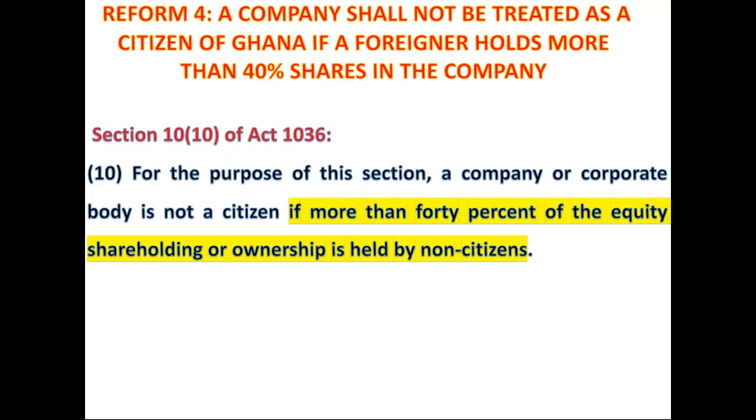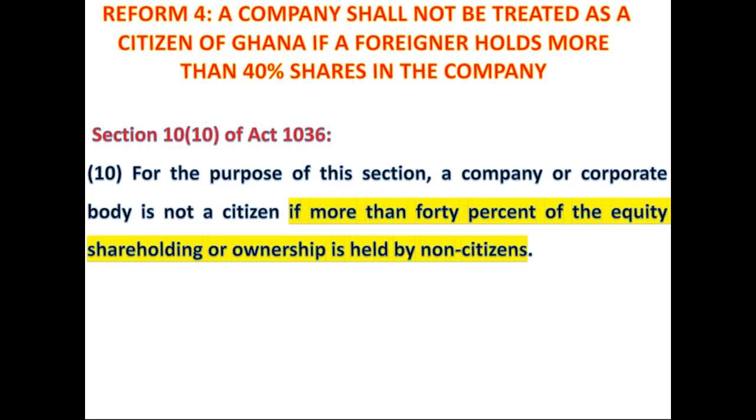The law has caught up with you, because Section 10, subsection 10 of the Land Act of 2020, Act 1036, says that for the purpose of this section, a company or body corporate is not a citizen if more than 40% of the equity shareholding or ownership is held by non-citizens.